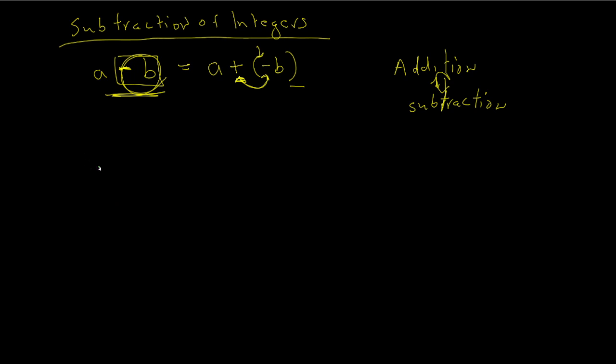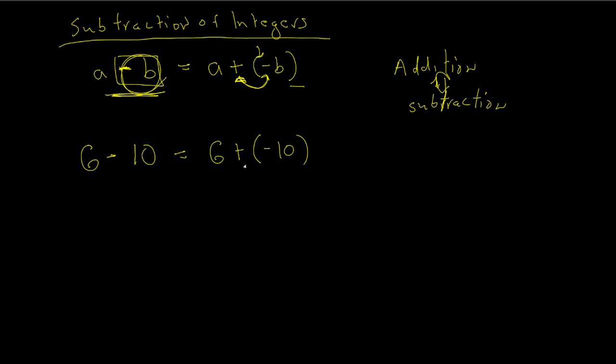So if I look at any subtraction and apply this rule, 6 minus 10 is the same as 6 plus the opposite of 10.